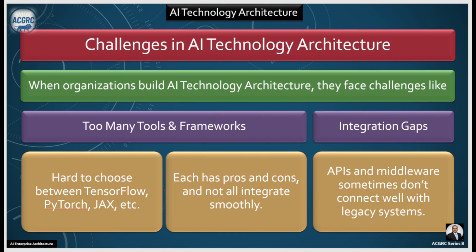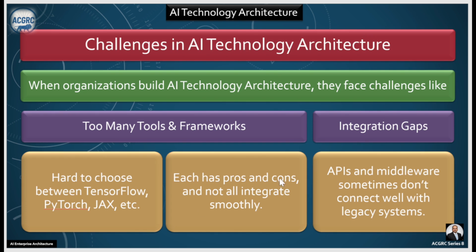It could be TensorFlow, PyTorch, JAX, etc. Each has its pros and cons, and not all integrate smoothly. When you come to integration gaps, the APIs and the middleware sometimes don't connect well with legacy systems. From an MLOps complexity perspective, automating model training, deployment, and monitoring are found to be tricky.